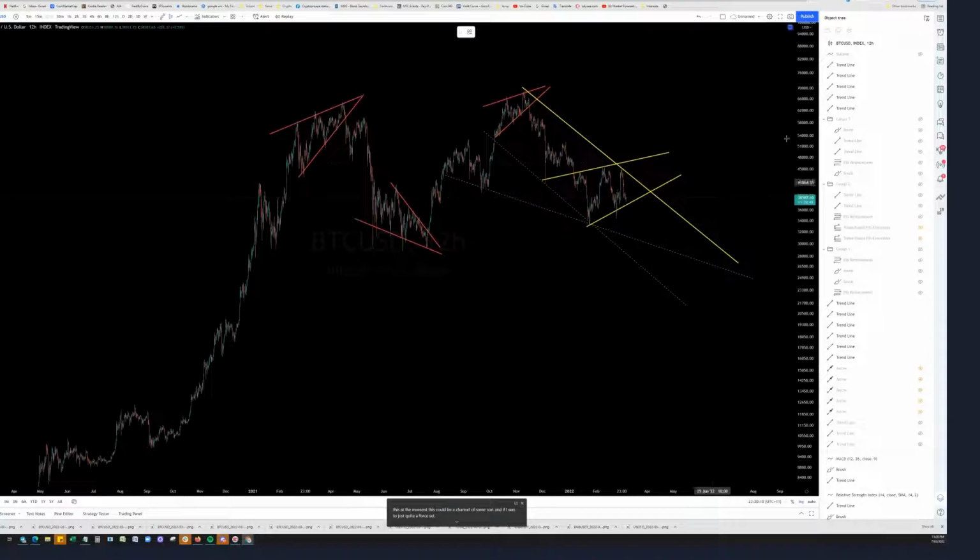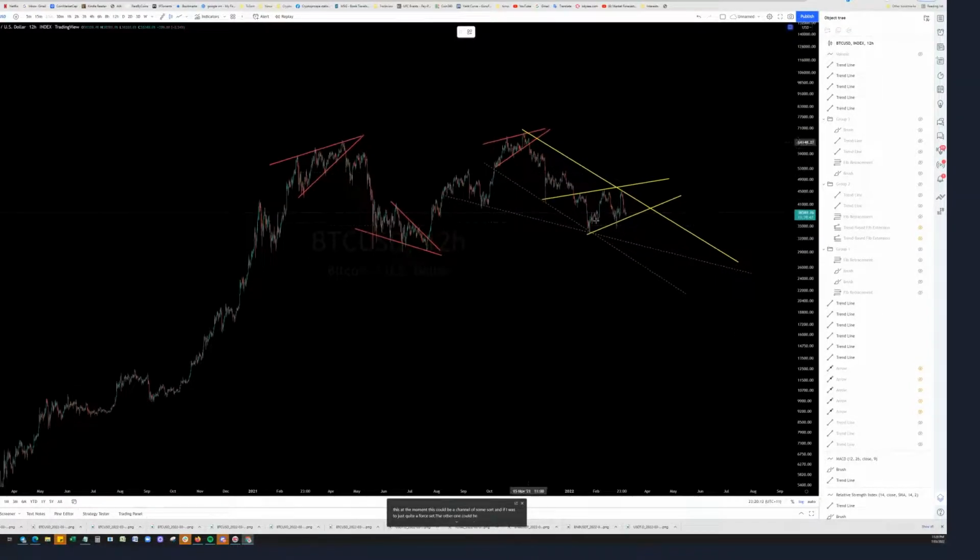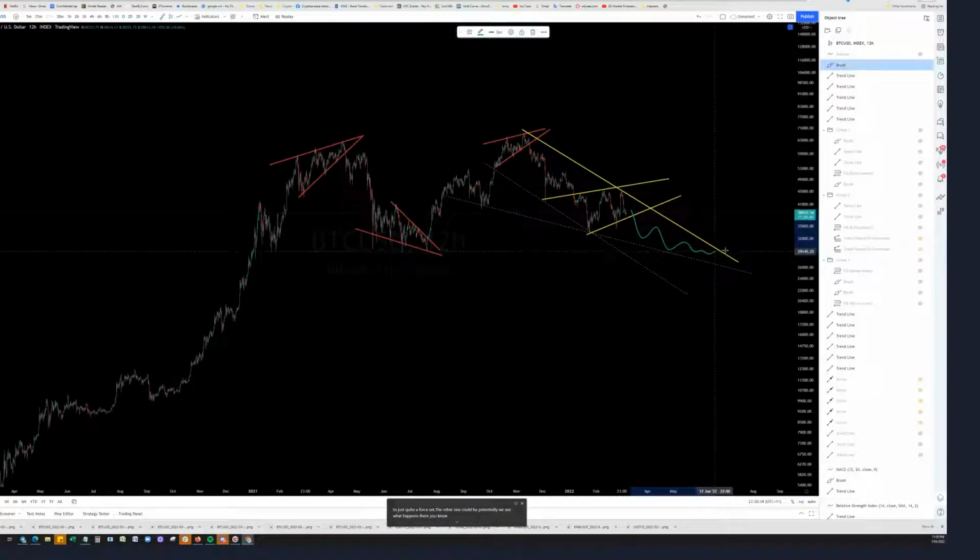So this could be a descending wedge of some sort. And if we just continue down and then we just reverse, and then we'll have an idea if the descent is slow and measured, then it will look like reaccumulation. So that's one potential structure.